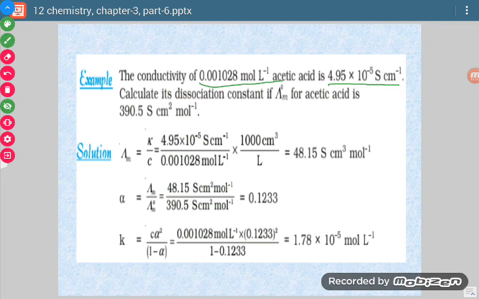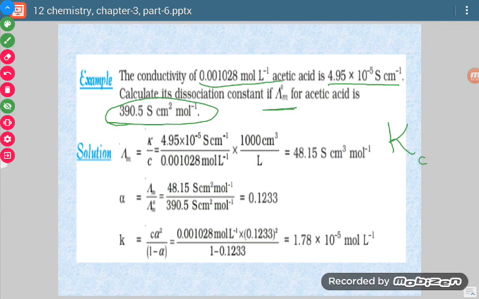We have to calculate the value of lambda m naught for acetic acid. Actually, lambda m naught is given, and this value is this much. So calculate the dissociation constant. Only the dissociation constant is to be calculated. Dissociation constant means K or Kc is to be calculated.